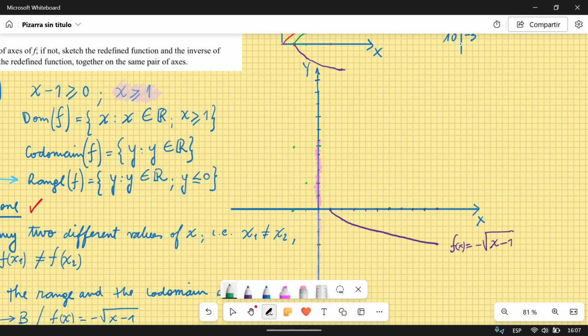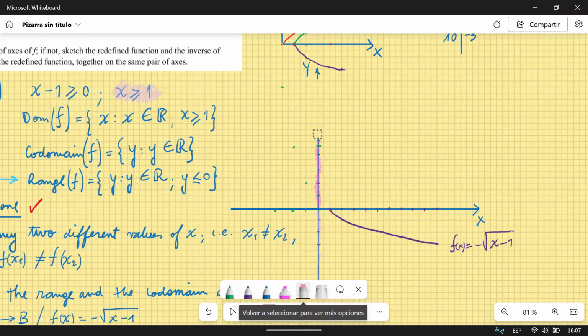And for -3, if this is 5, it will be 6, 7, 8, 9, and 10. Then it's there. I will remove the other marks and improve this.